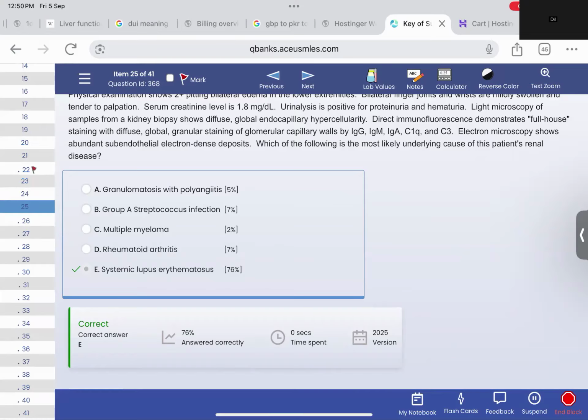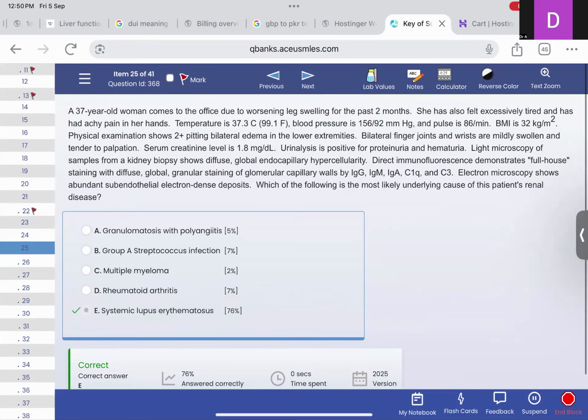Okay, and if the questions are easy, then I think we don't need to do it. Will we be having a class tomorrow, sir? Yeah, so today is Friday, right? So tomorrow we will have a class. For tomorrow, I think tubulointerstitial diseases, and I will look into the topic.